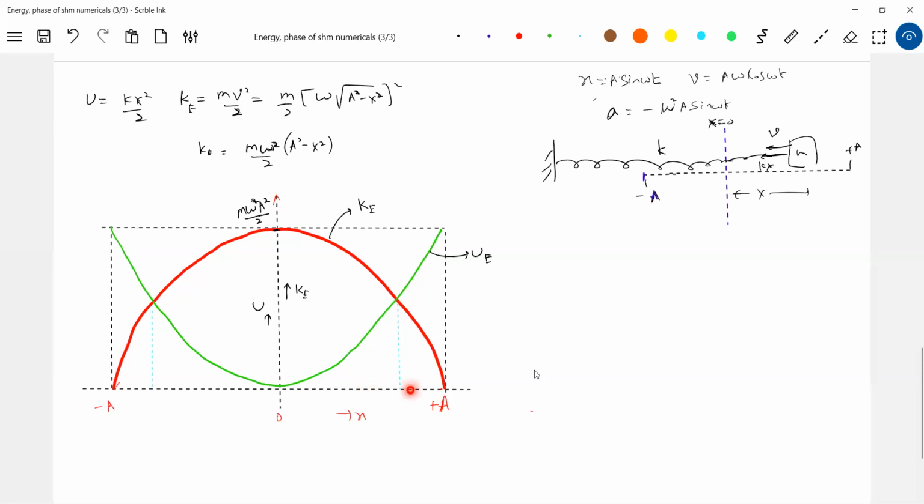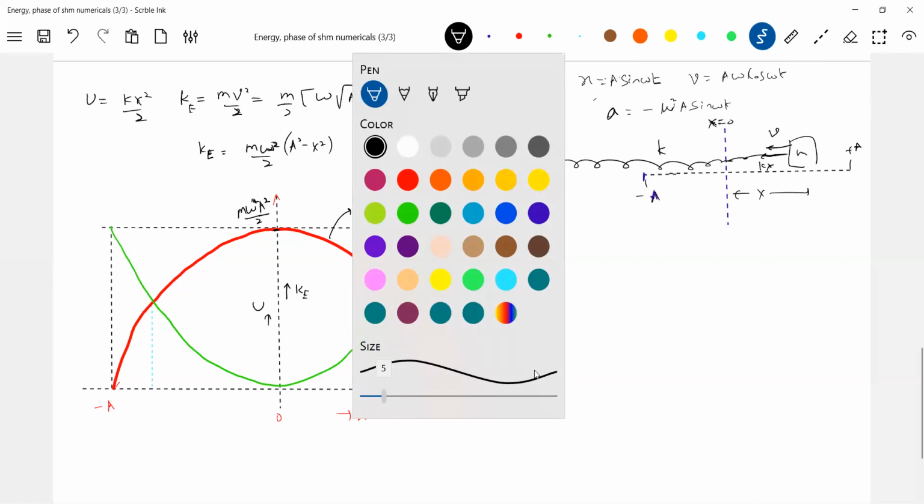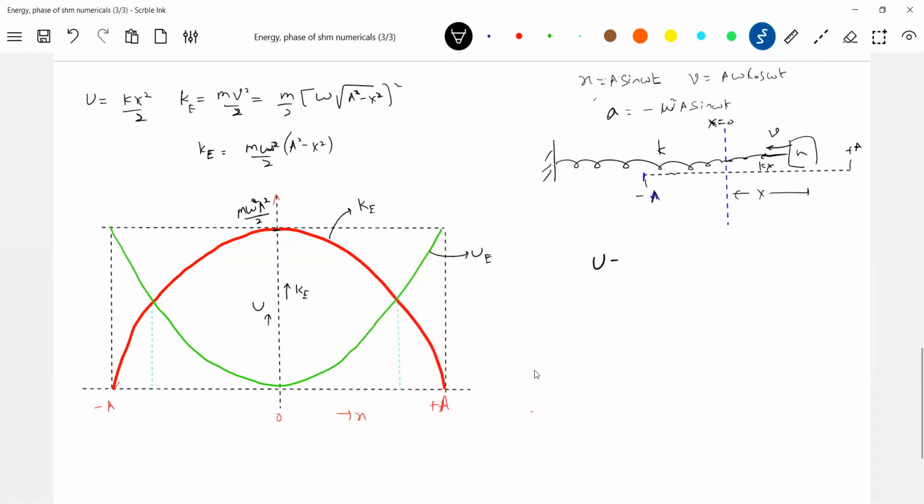Okay, I want to find that out. I want a point where both will be equal. Where both will be equal means, the point where K x square by 2 equals m omega square times a square minus x square by 2. What is k equal to?